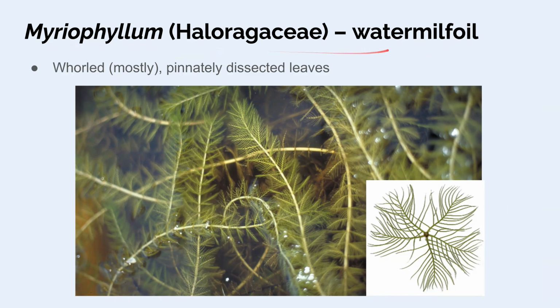Thousands of leaves, thousand leaf, and water milfoil. Some people just call them milfoils, but I think water milfoil is a little more informative. We're going to learn this as a genus, and it belongs to this family called Haloragaceae, which in fact contains some shrubs, but not around us in Wisconsin. So we don't have to worry about those. So we're going to just worry about the genus Myriophyllum.